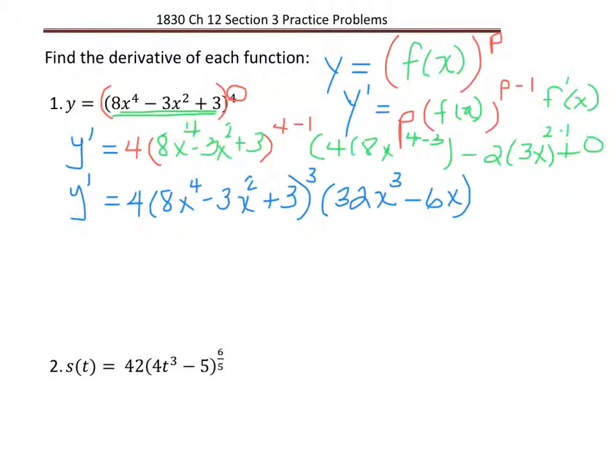And at that point, we can stop. And since there's really no sense in multiplying that out any further, we're going to say that this, then, is our final answer.